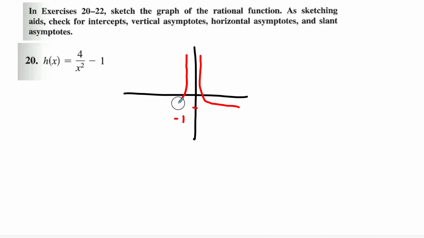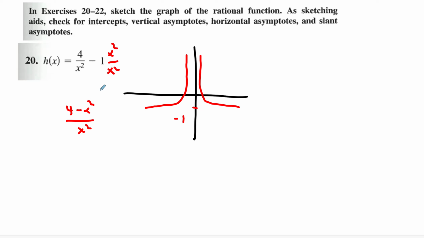Okay. Now, one way to look at this is, when is this thing going to hit 0? So that would mean you'd have to multiply this by x squared over x squared, right? So you got 4 minus x squared over x squared, which means it's going to have a vertical asymptote at 0, right? It's going to level off at negative 1 because of the highest power, right?